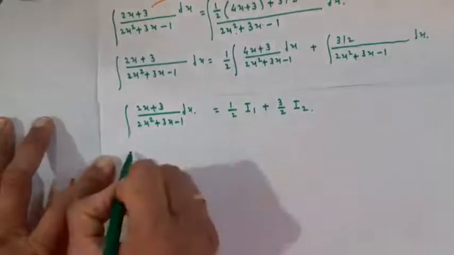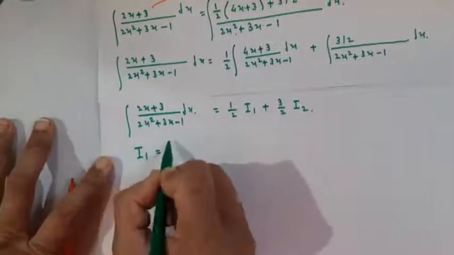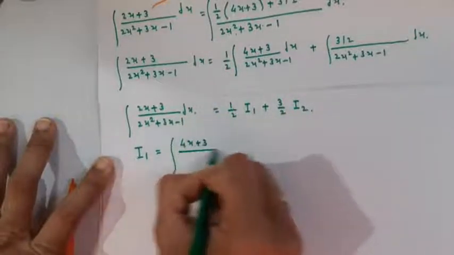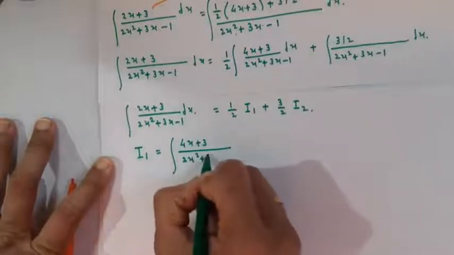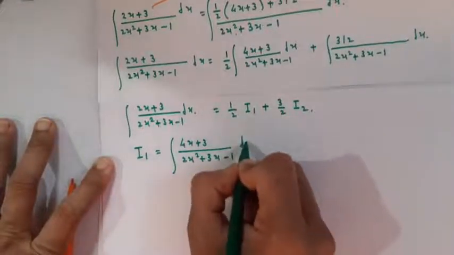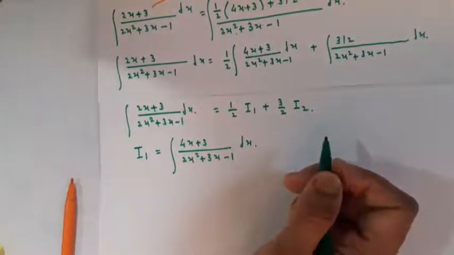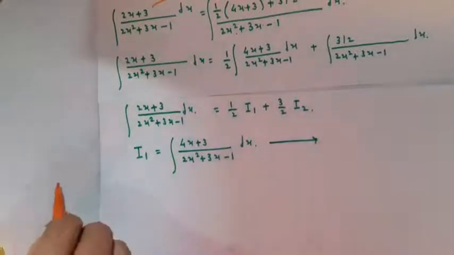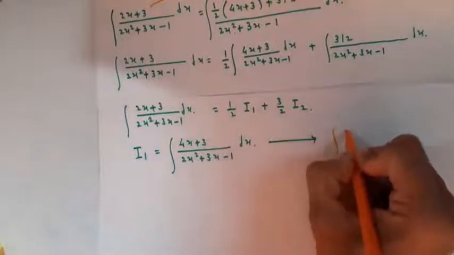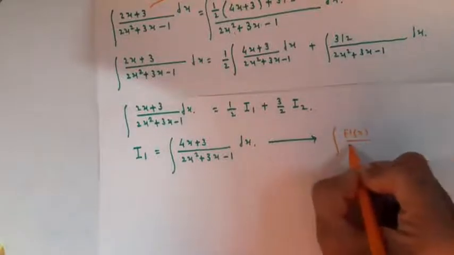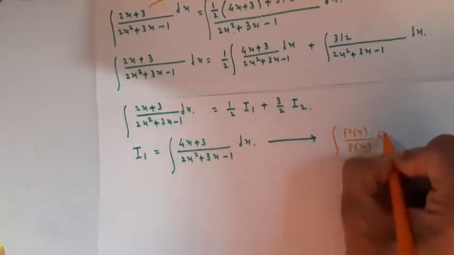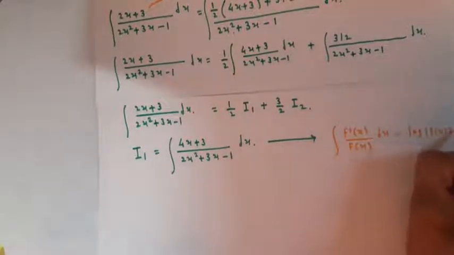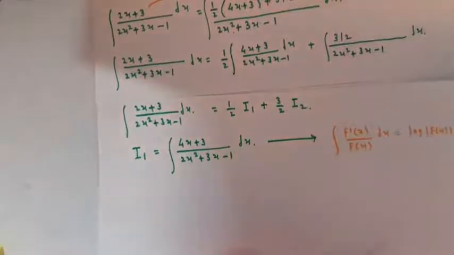Let us take I1 equal to integration of 4x plus 3 upon 2x square plus 3x minus 1 with respect to x. Okay students, and now this is of the form integration of f dash of x upon f of x, by corollary of integration, that is log of f of x.